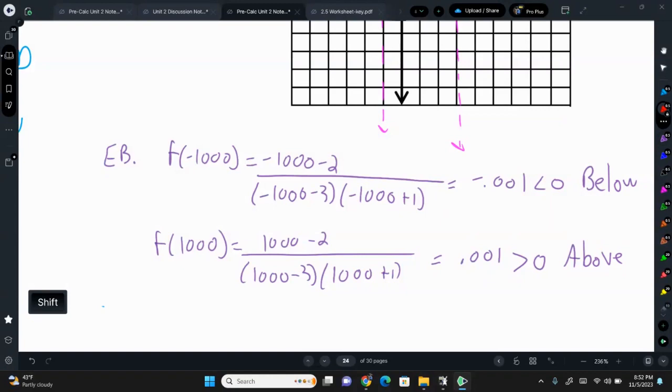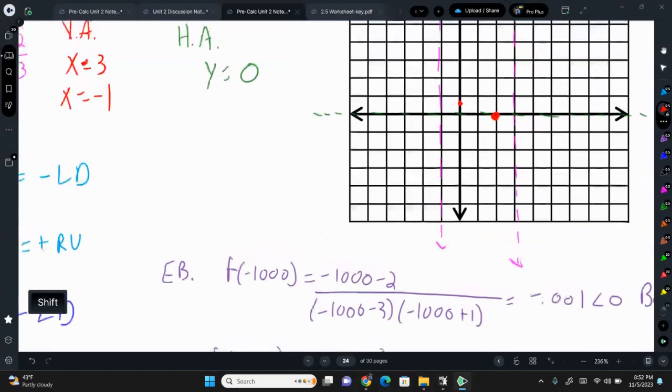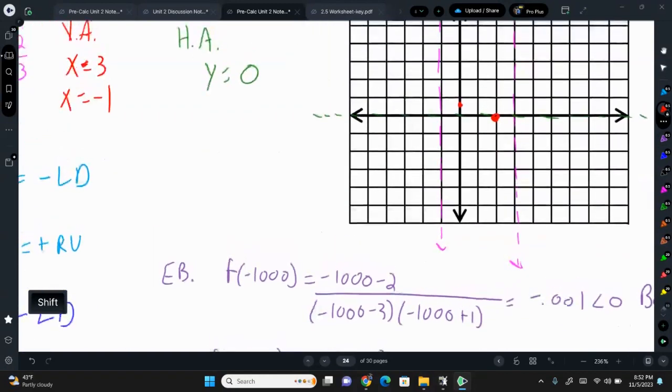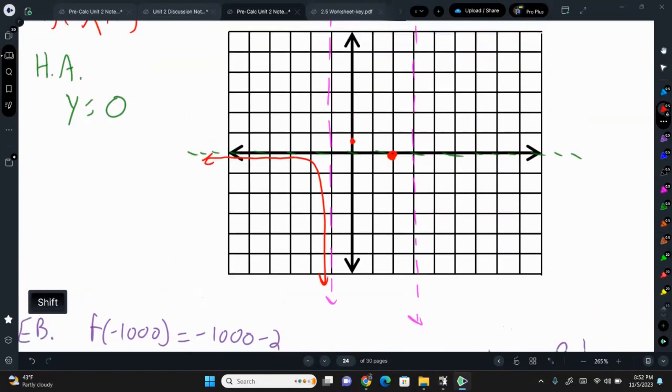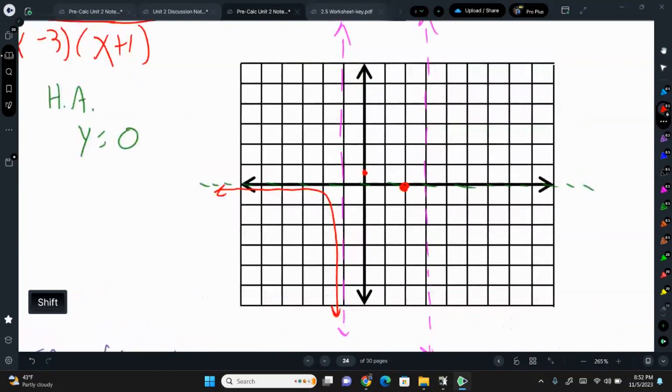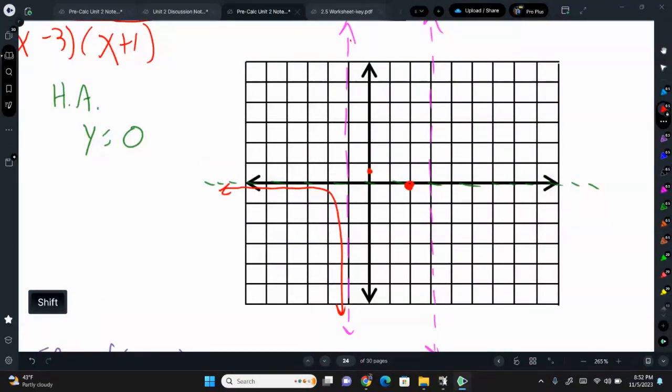So now let's go back to our graph. We said that the left side is going to be below the asymptote, and that our vertical behavior here is down. Then our vertical behavior on the other side of the asymptote, the right side, is up. So it comes down and it has to touch these points.